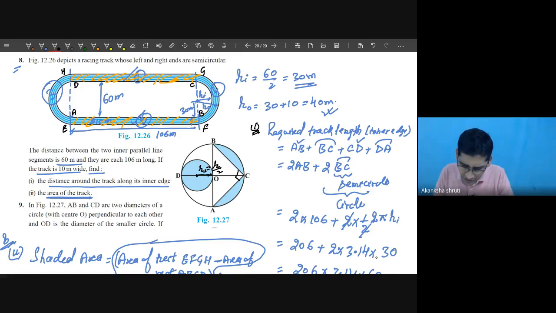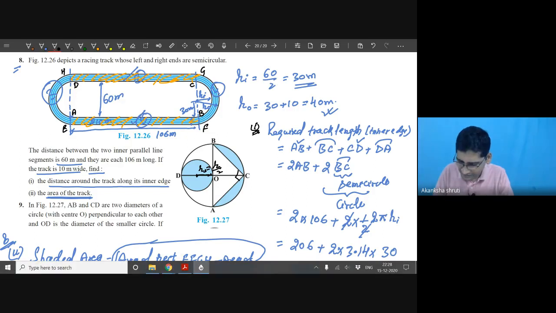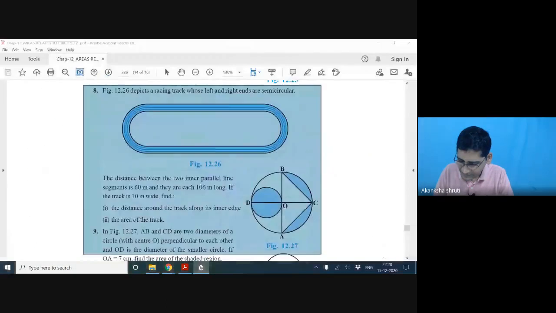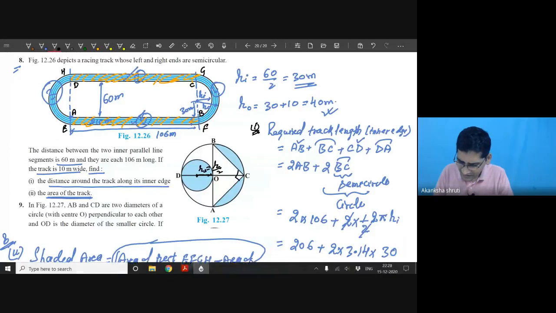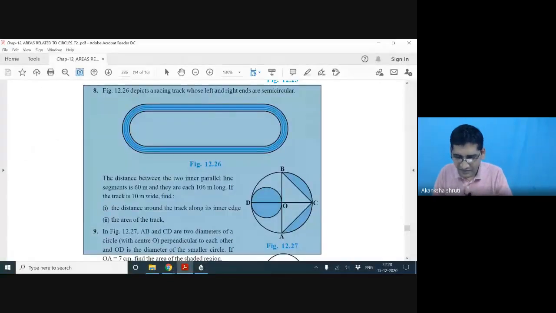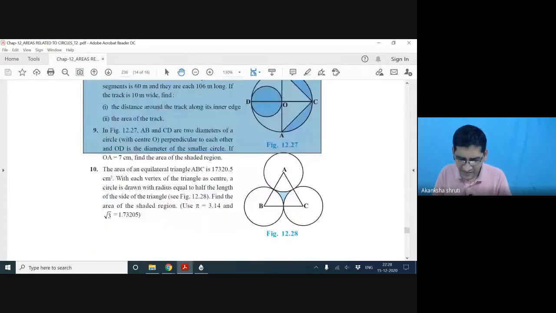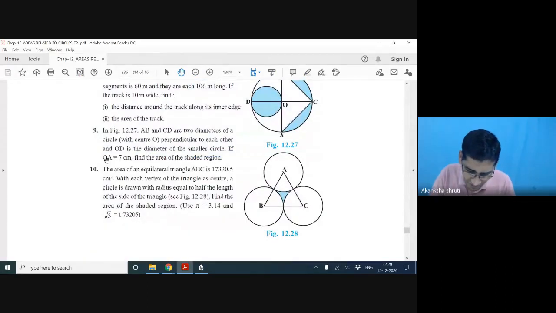ABCD are the two diameters perpendicular to each other. OD is the diameter of the smaller circle. What was the question? The question was like this.